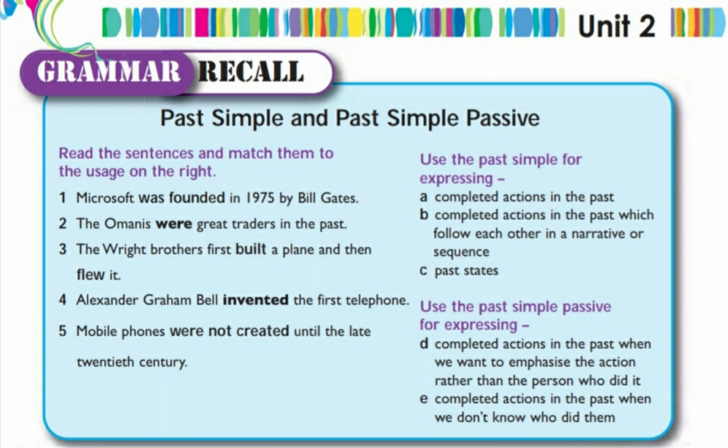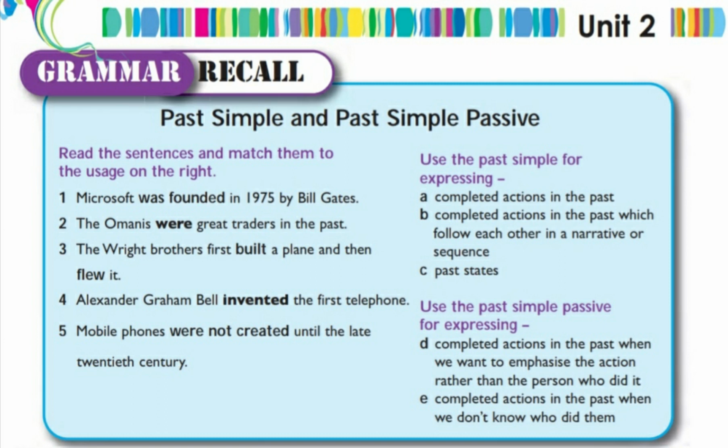For example, you find in the sentence words like yesterday, last week, last year, last month, 2 years ago, 2 weeks ago, in 1991, like this. These are time expressions that are used to express the past simple.